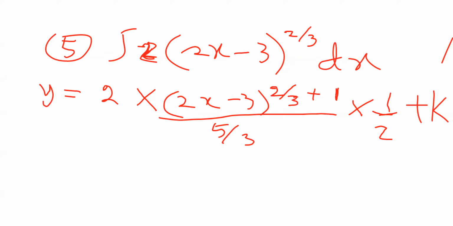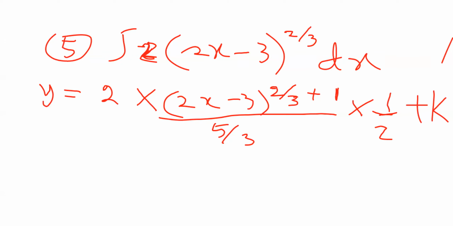That's what I do. Now you can see that knowledge of differentiation is still coming in. So what's in the bracket is 2x minus 3. Differentiate, integration gives half. And the 2 down, 2 up will go away.